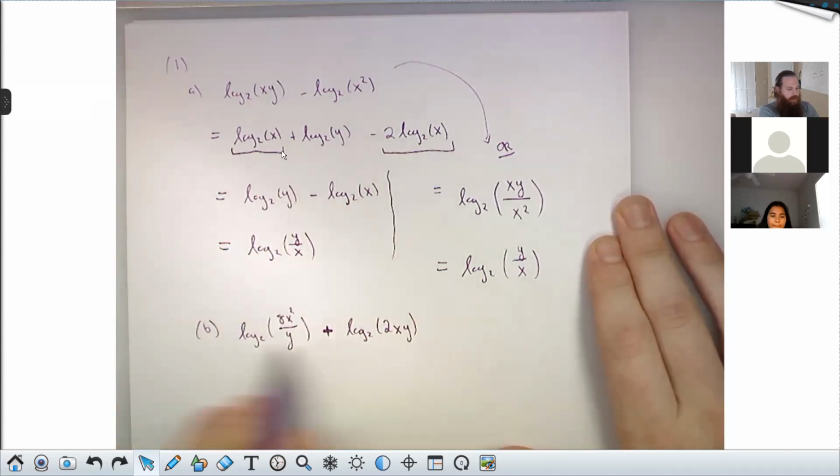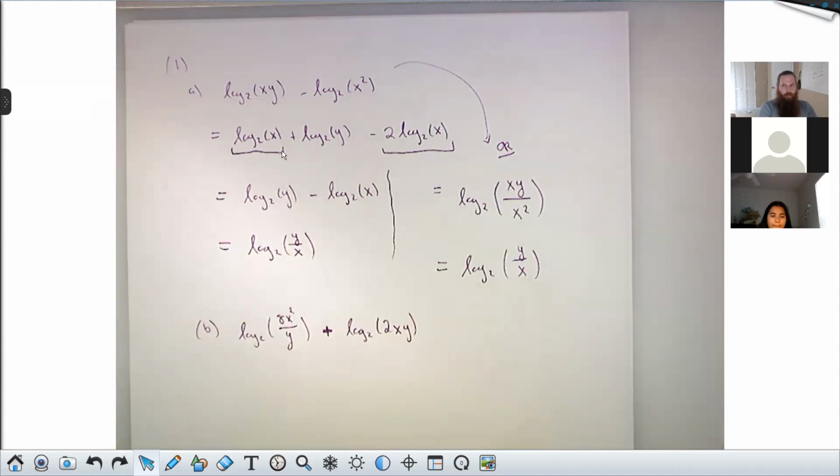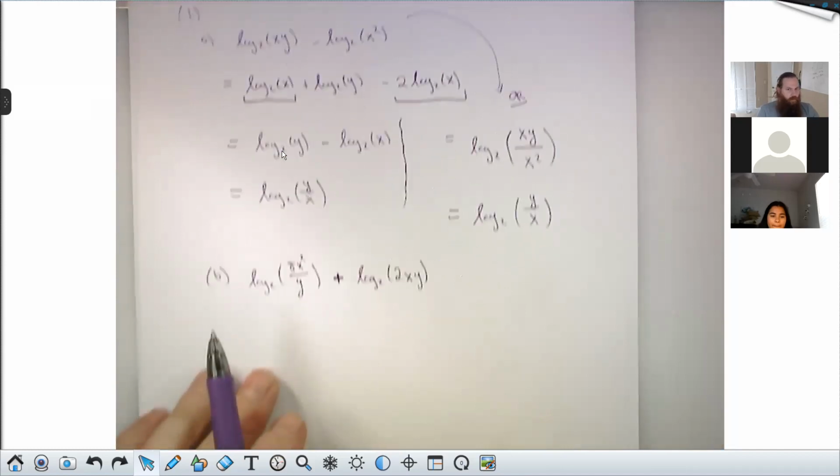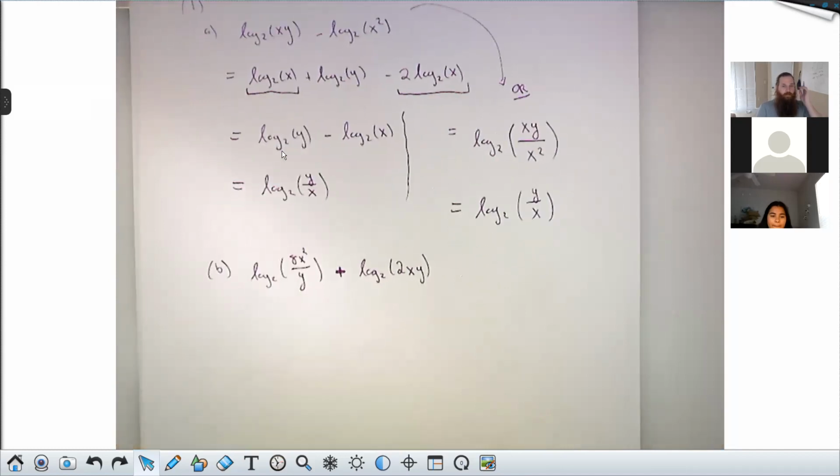Again, we could expand everything as much as possible, combine all the like terms, and then reassemble. That's what I think this group ended up doing. But another way to attack this is to begin by putting these two different log statements into a single log statement.